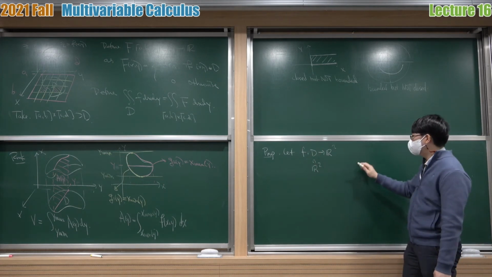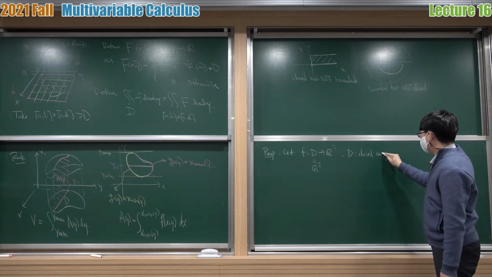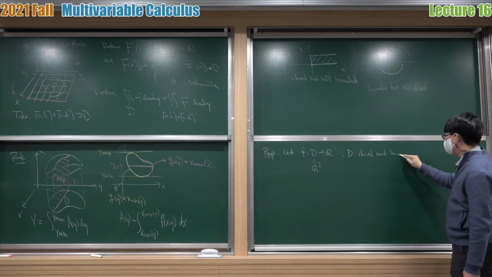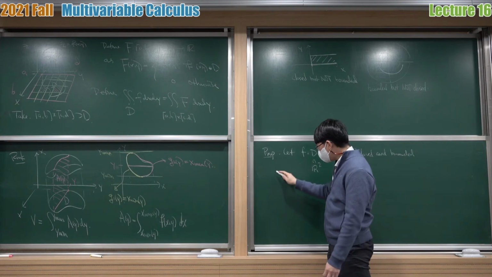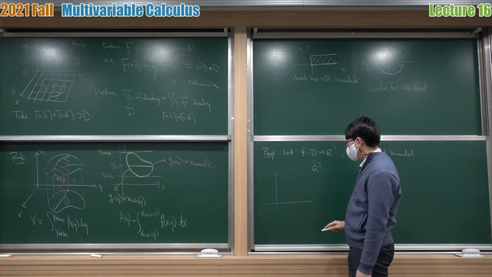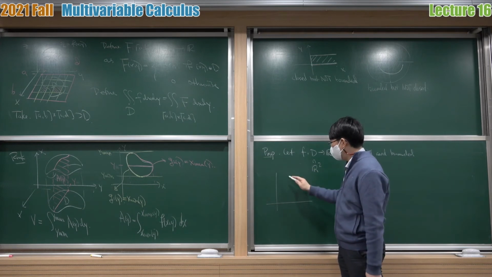And let's say D is closed and bounded for now. Then let's say I can describe my D as follows, like that picture.